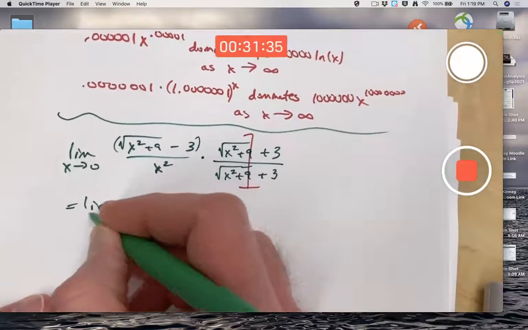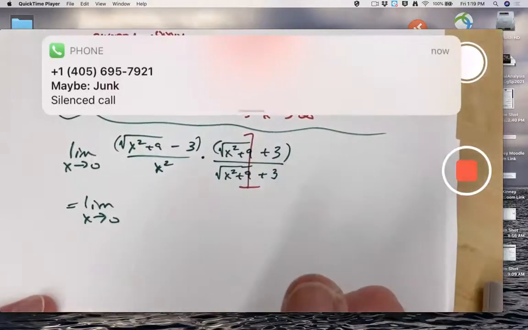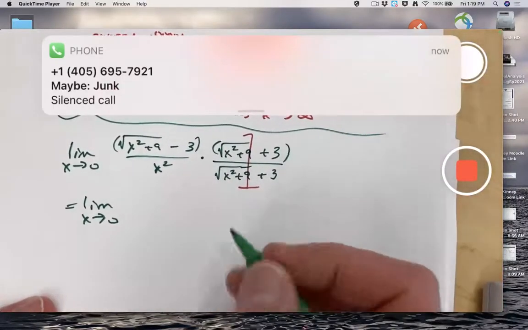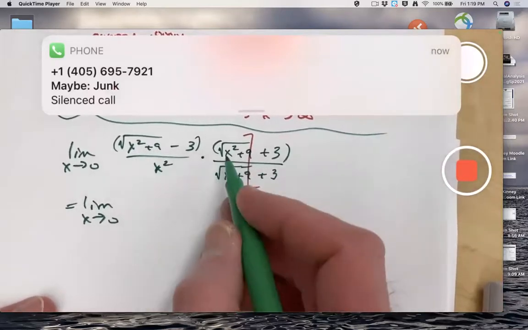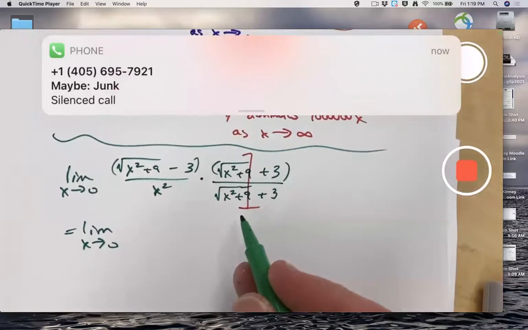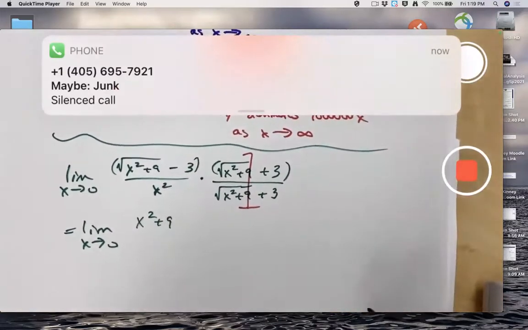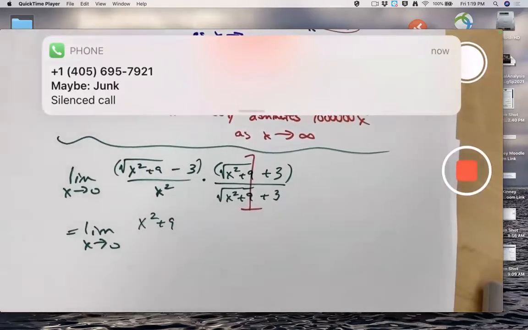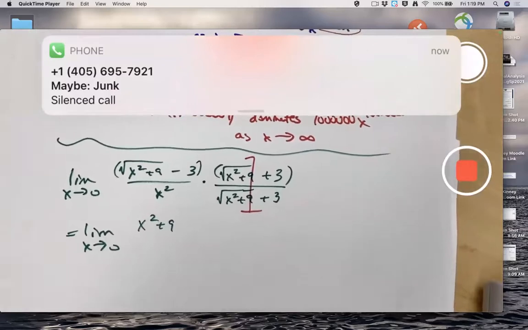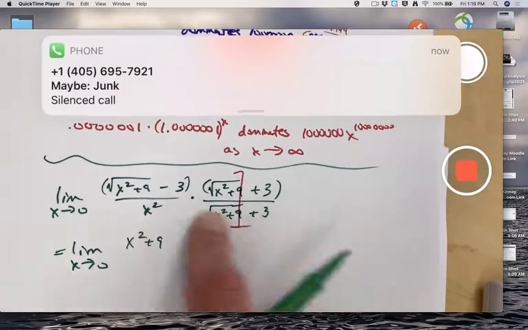This was a trick that people had to figure out. Carry the limit sign along, expand out the top. You get a FOIL because it's the product of two binomials. First times first is the square root of x squared plus 9 times the square root of x squared plus 9. That's x squared plus 9. The square root goes away, right? Outside times outside, I'm not going to write down.